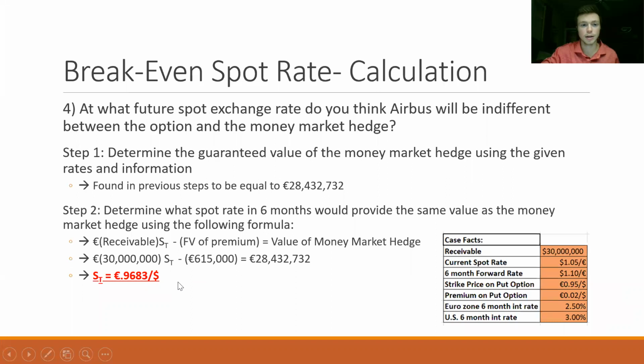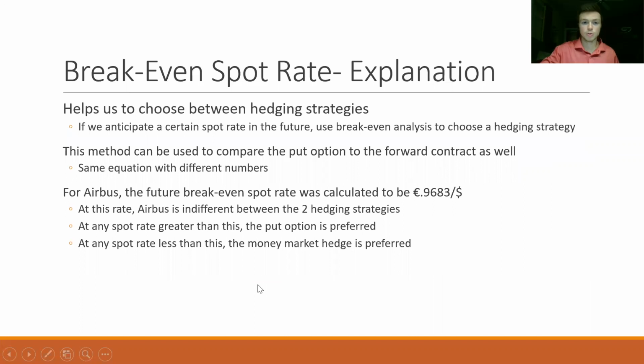And that would be the spot rate that we would be indifferent between the put option and the money market hedge. So just a little bit more conceptual breakdown and explanation of the break-even spot rate. It does help us to choose between different hedging strategies.